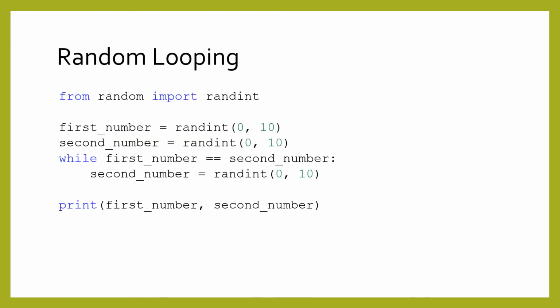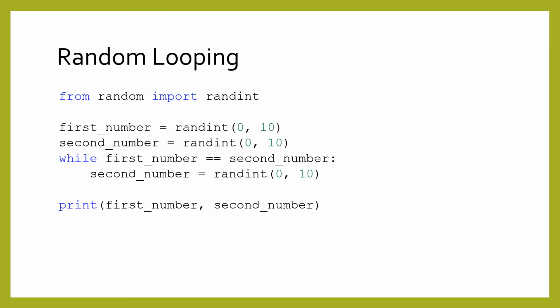Another interesting use case for a while loop is to repeatedly pick random numbers. This is less of a specific pattern and more of a general use case, but the principle is the same each time. Basically, we use random, also known as stochastic, processes to repeatedly try solutions until one satisfies our constraint. In this example code, we want to pick two different numbers, so we call the randint function twice.